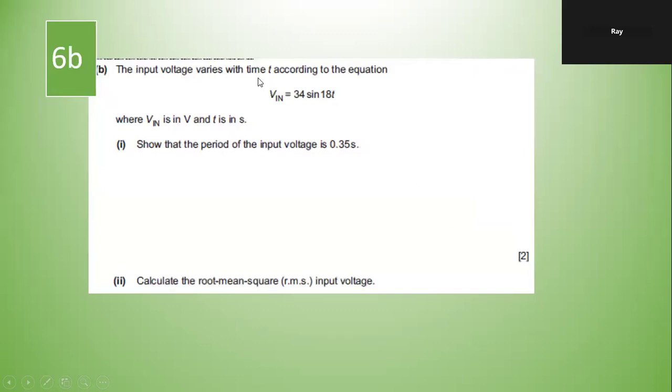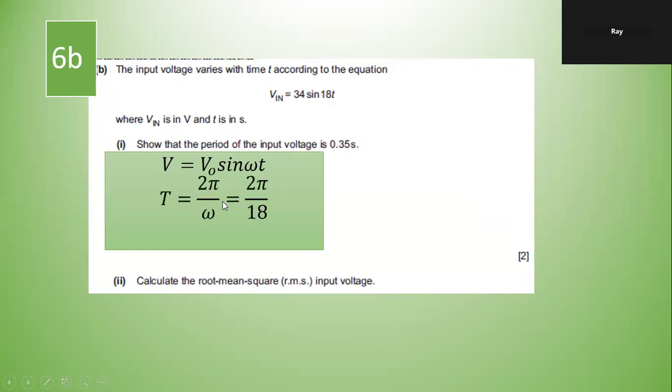Input voltage varies with time, right? That's the equation. Show that the period of the input voltage is 0.35 seconds. Compare with your standard equation. There is your peak value, and omega. 18 is your omega. Quote the formula, put omega inside, calculate it out. Calculate the root mean square.